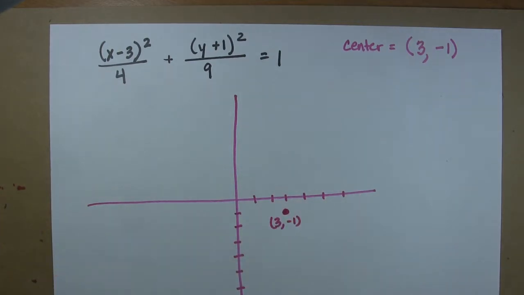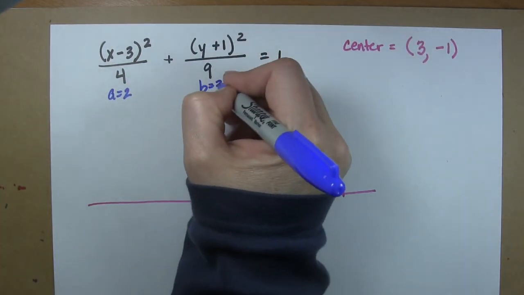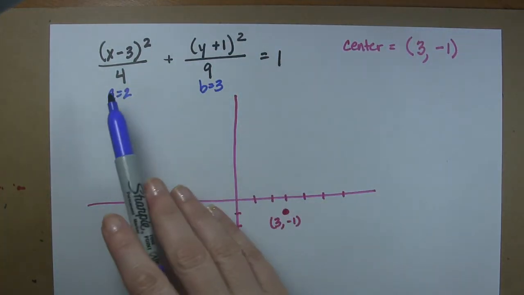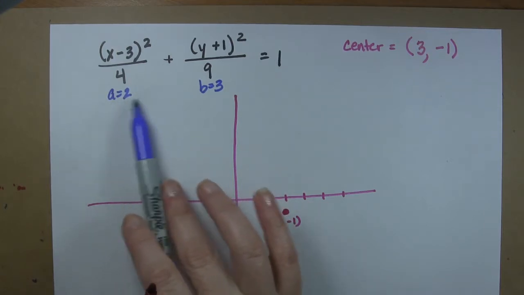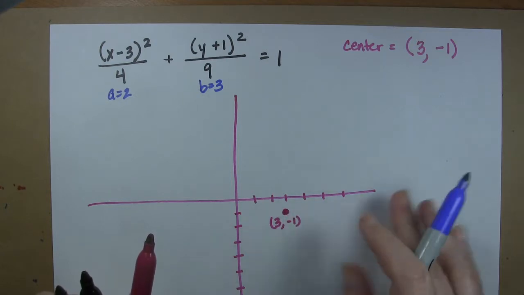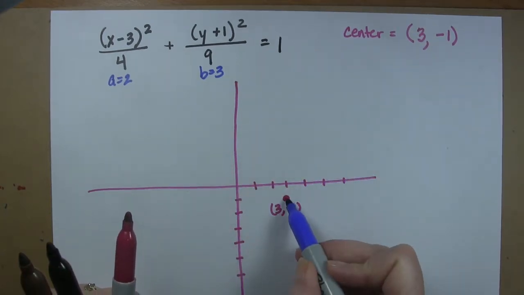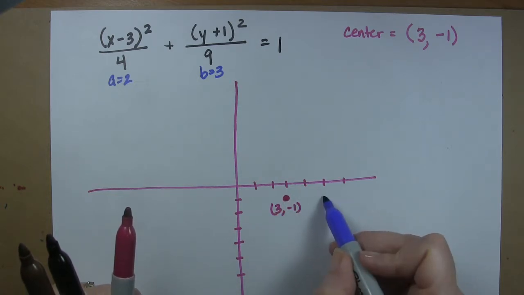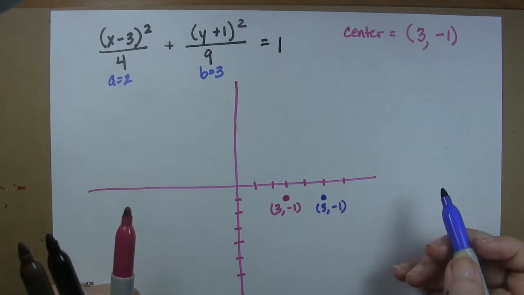Okay, my A value is 2, and my B value is 3. So I'm going to go along the x-axis, left and right, horizontally, 2 spaces. I have to make sure, though, that I count from the center, not from the origin. If I were to add 2 to my x value, I would wind up at 5, negative 1.